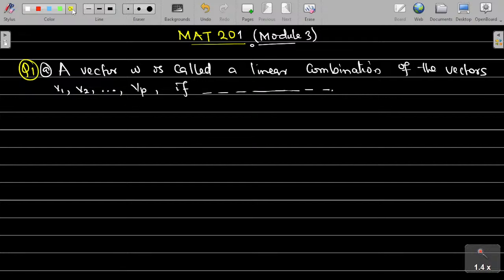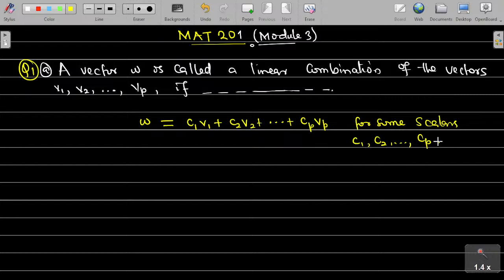We said that a vector W is called a linear combination of vectors v1 to vp if your W is equal to C1 V1 plus C2 V2 plus ... up to CP VP for some scalars C1, C2 up to CP.